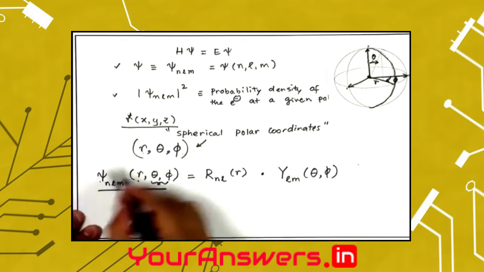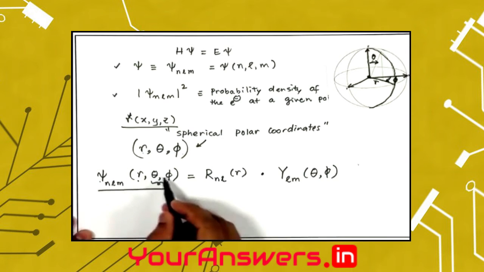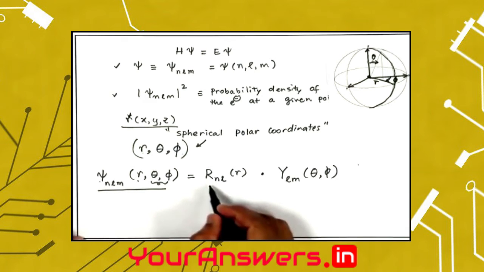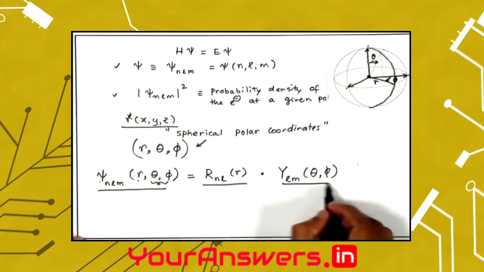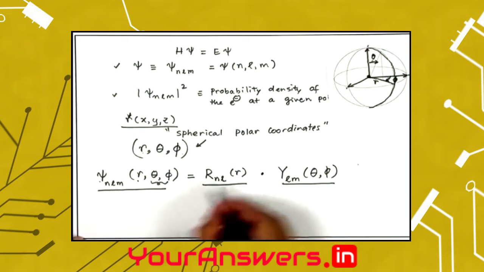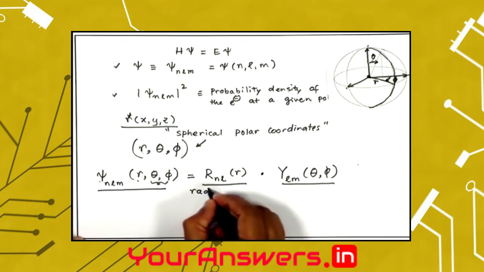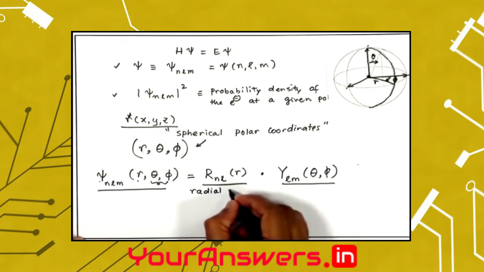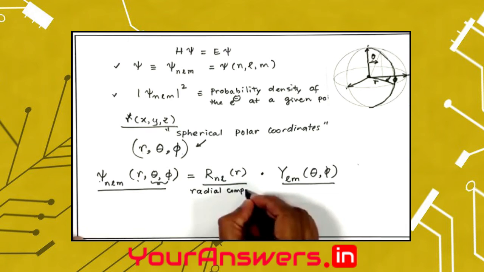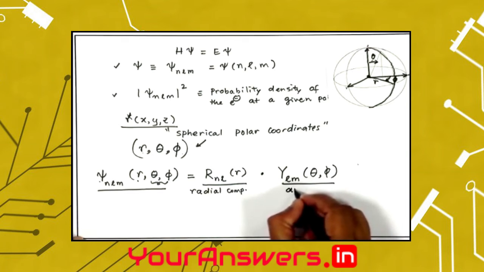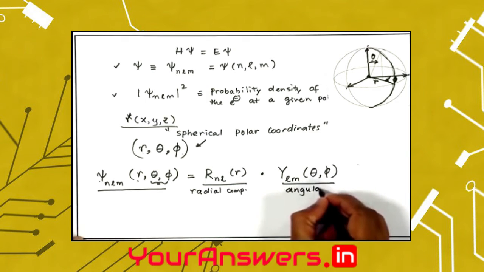So, this is the total wave function which depends on r, theta and phi, and is signified by 3 quantum numbers n, l and m. We have broken down this wave function into 2 components. The first term depends only on the radial part, so this is the radial component. The second part depends on theta and phi, and is called the angular component.